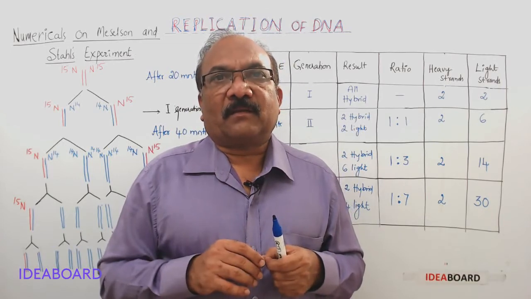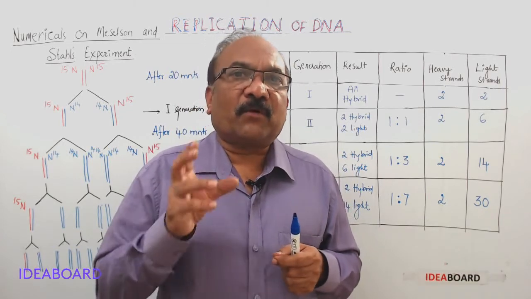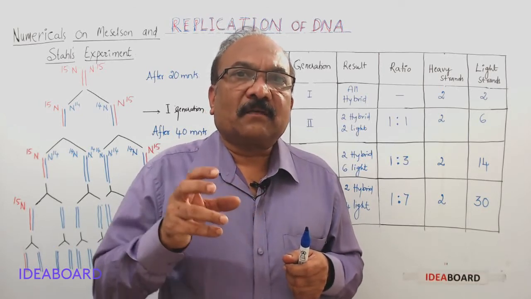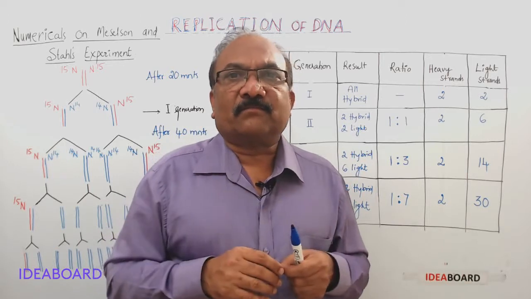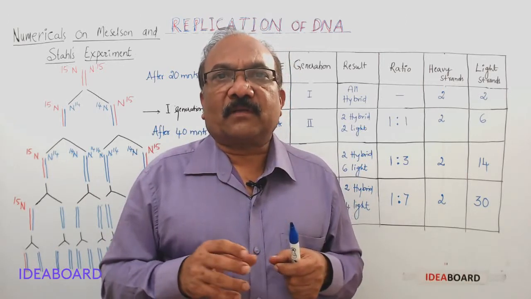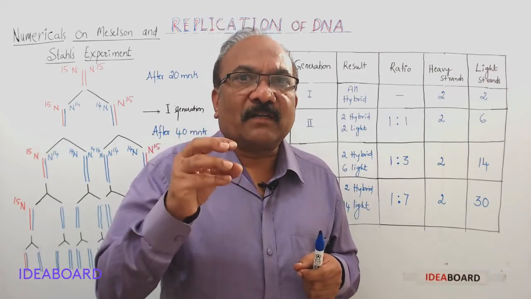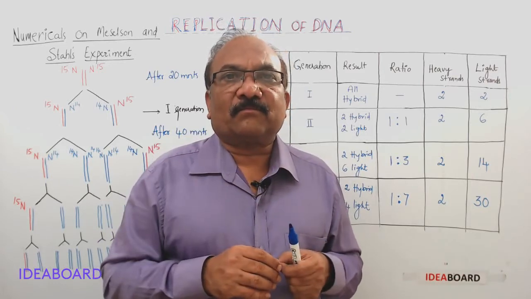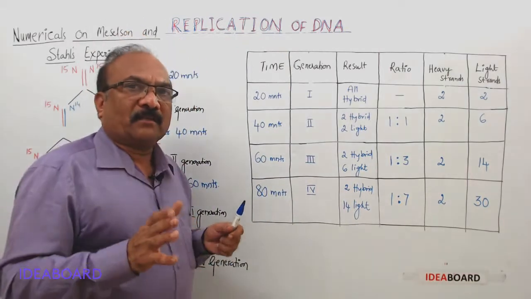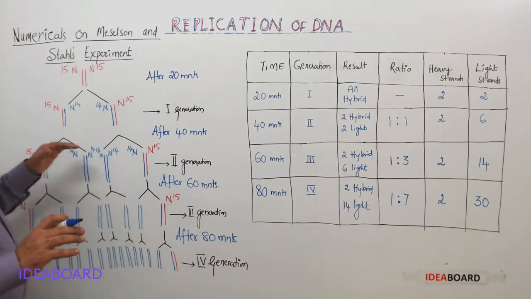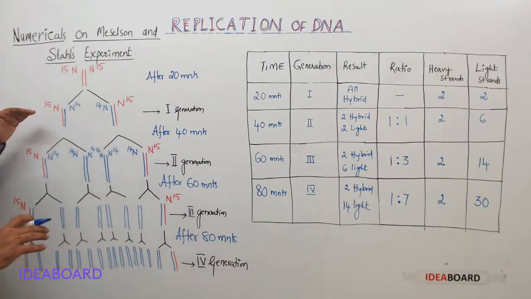And with the help of a cesium chloride density gradient, they found what DNA is there. We discussed that already, and now I want to give you a perfect idea about this experiment.